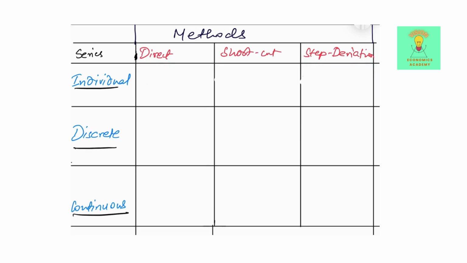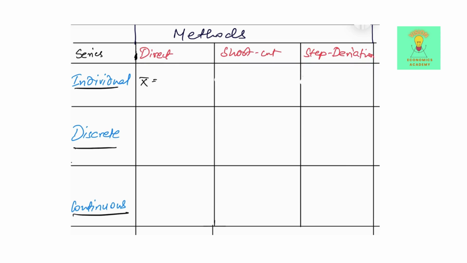Most of us do use direct method because it's the simplest one, right? But you have your own discretion, whichever method you want to use. Sometimes the question may come in such a manner that they will ask you to solve by all the 3 methods, right? So we need to learn all the 3 methods for all the 3 series. All right. So these 9 formulas you need to remember very well.